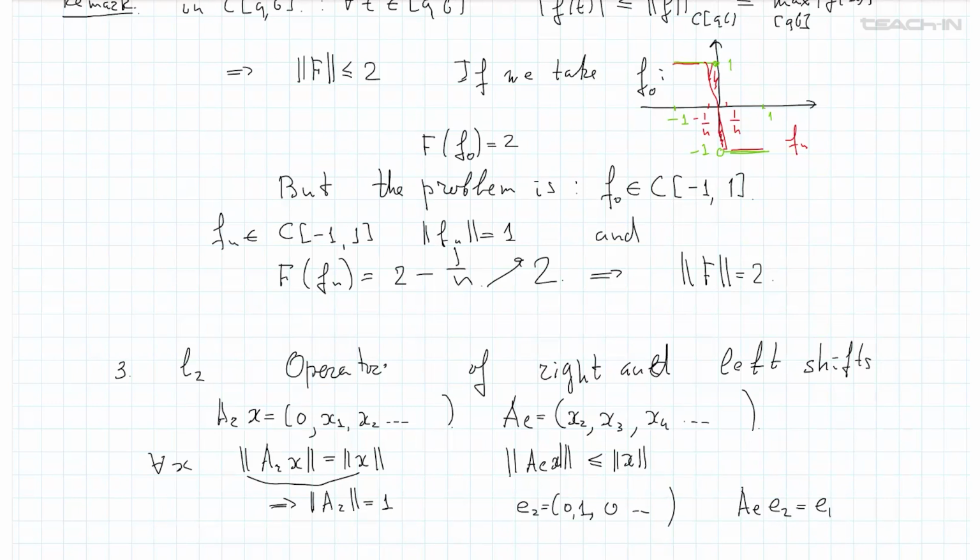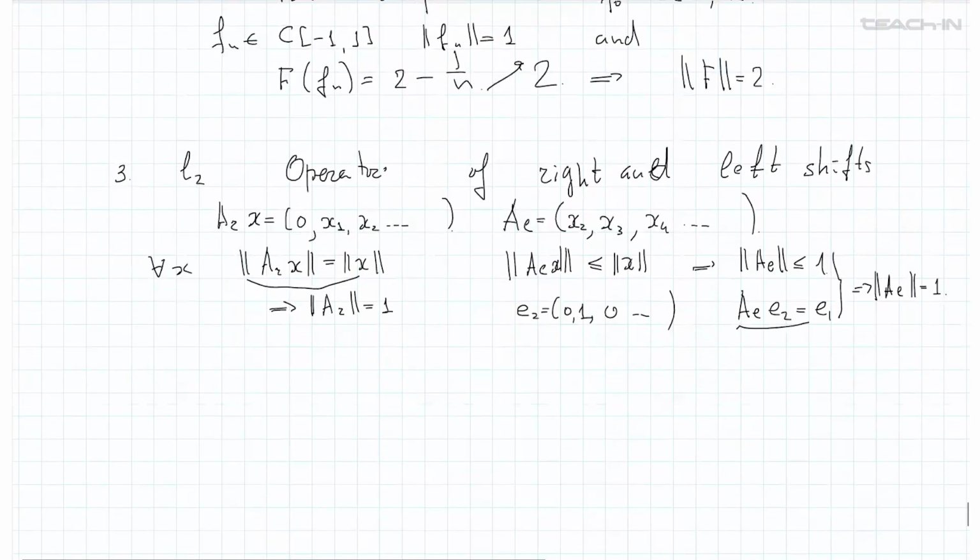So from this estimation, we have that the norm is not larger than 1, but with this we can conclude that the norm of the left shift is 1. Is it clear? Yes. Okay.